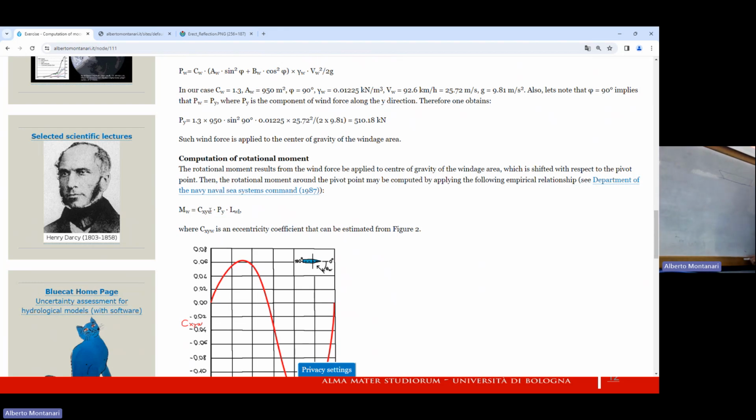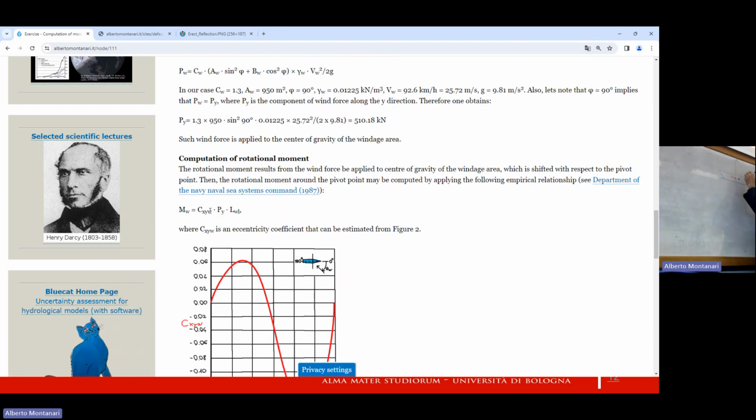Let's take the rotational axis, which passes through the pivot point. This is the pivot point. And then there is the center of gravity of the wind edge area, which is here. And this is the eccentricity E.